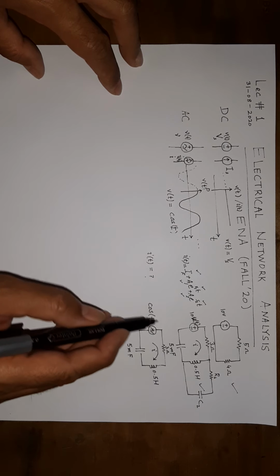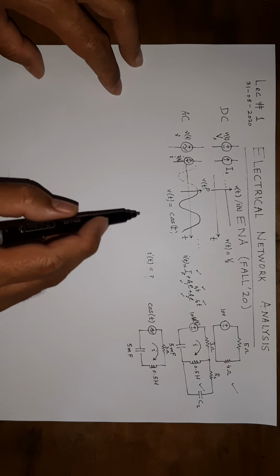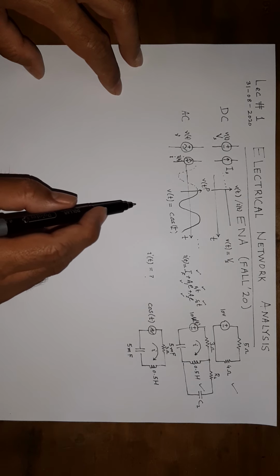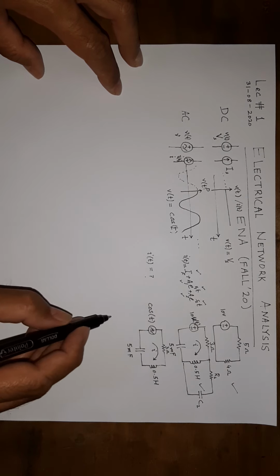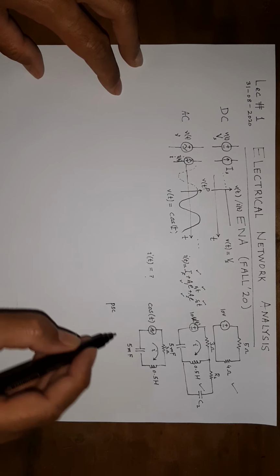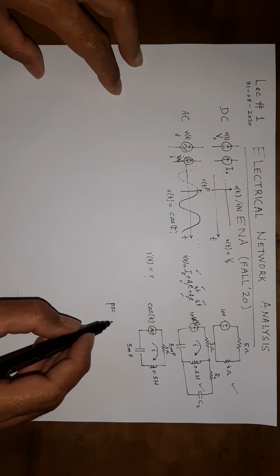While solving such circuits, we are going to deal with all those basic laws and rules that we have studied in LCA. For example, the passive sign convention is at the core of everything that we do.